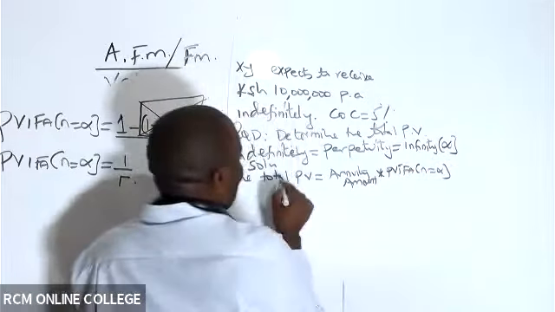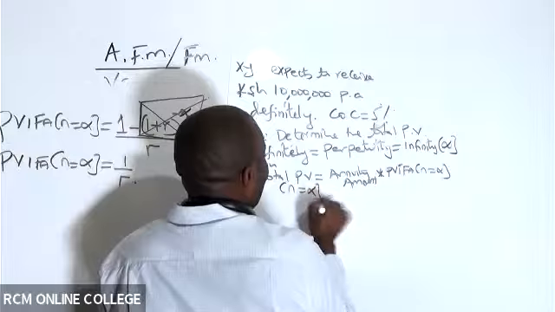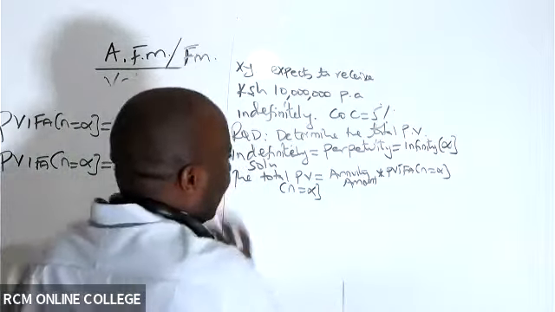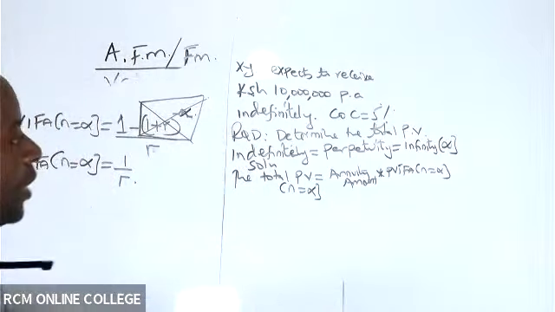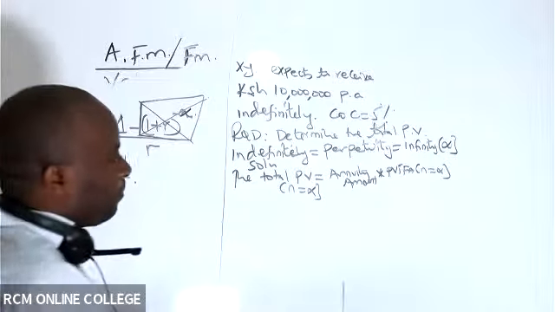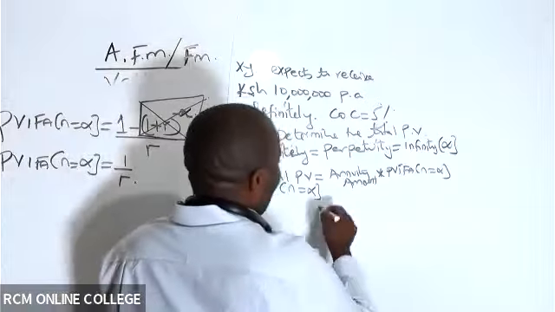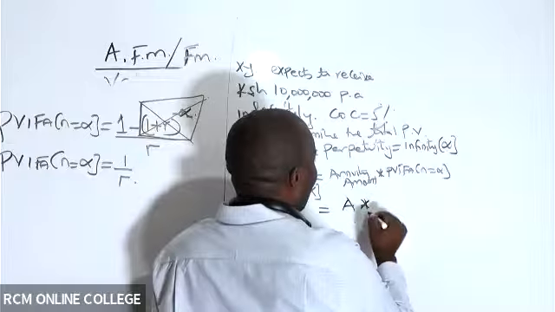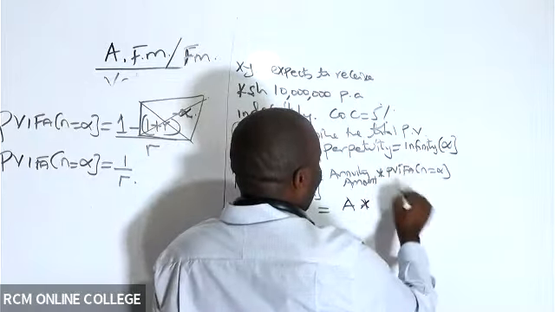You want to get total present value when n is infinity, so I will take the annuity amount times the PV factor when n is infinity. Great. So this will be equal to A times the PV factor when n is infinity.